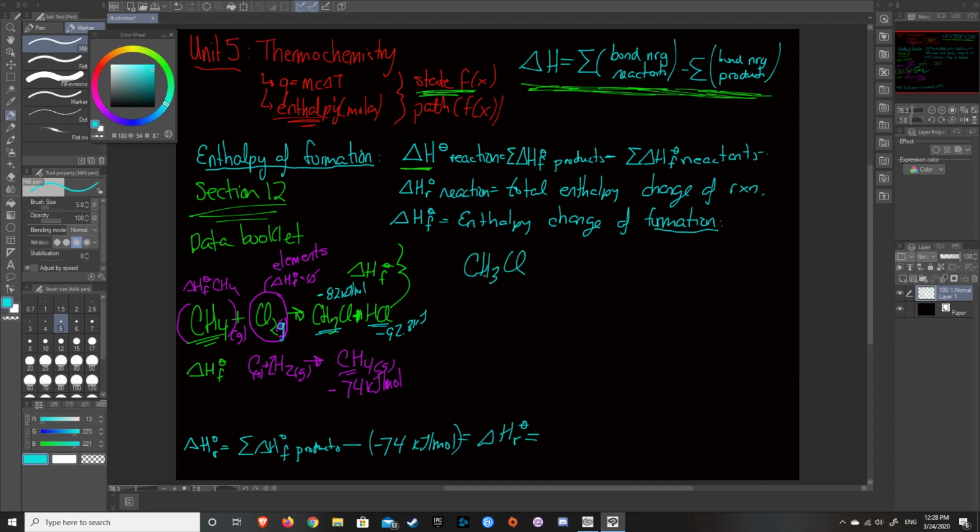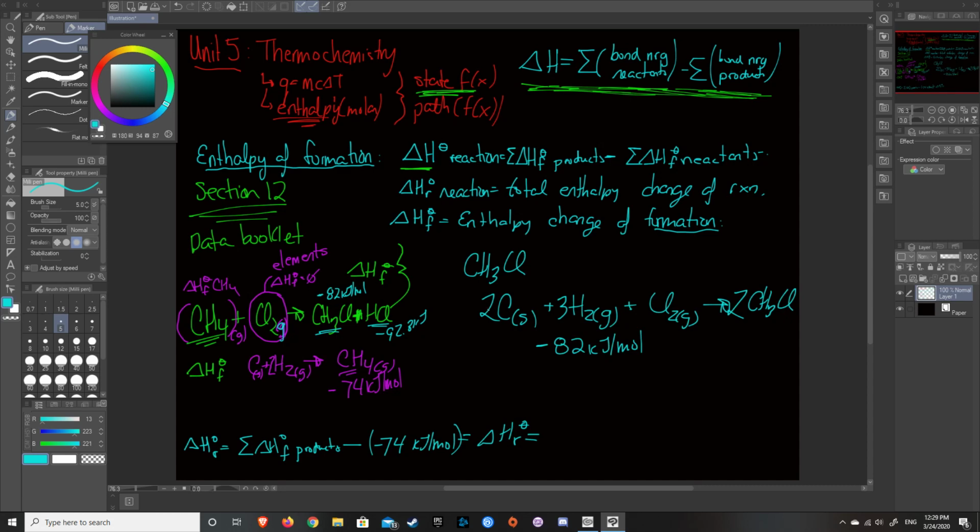CH3Cl, how we would form this, we'd have to react carbon in its standard state, which is a solid, plus hydrogen in its standard state, which is a gas, plus chlorine in its standard state, which is a gas, and we have to form CH3Cl. So if we were to balance that, we have to double this, triple that, double this, and this overall reaction, under perfect conditions to react all of these together, we would find that negative 82 kilojoules per mole is released.